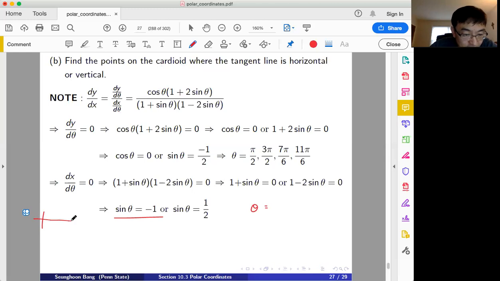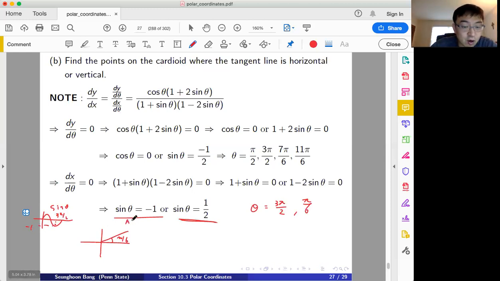So the graph of a sine function, this is a sine function. Here, 3 pi over 2, we have minus 1. Yeah, the angle is 3 pi over 2. Sine theta equals 1/2. Do you remember what the angle is? Pi over 6 from the previous one. One more: this is angle pi over 6.